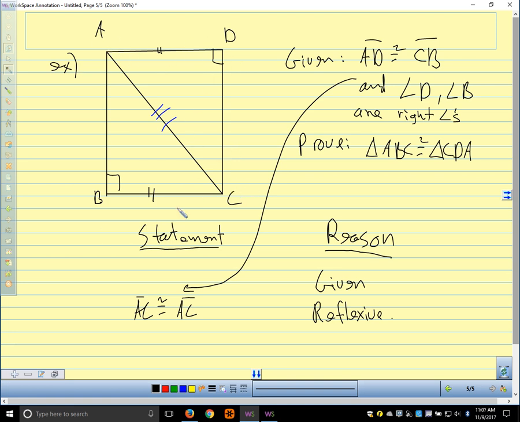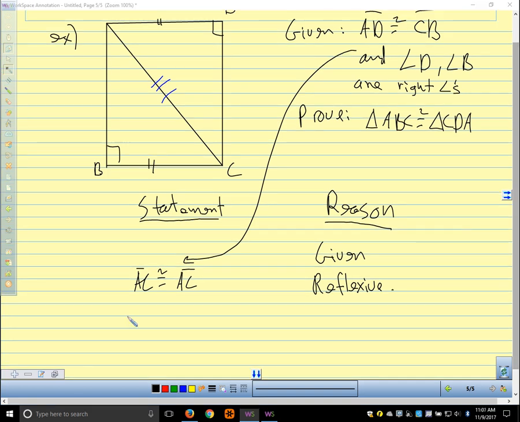There's a leg. There's a leg. So we're done. We can say triangle ABC is congruent to triangle CDA by HL. And we're done with that example.